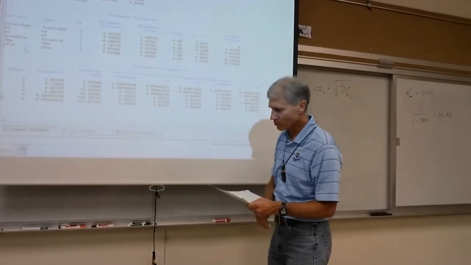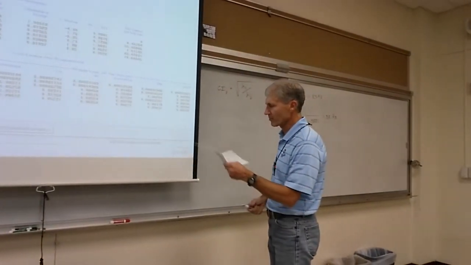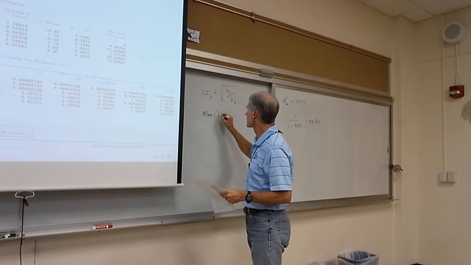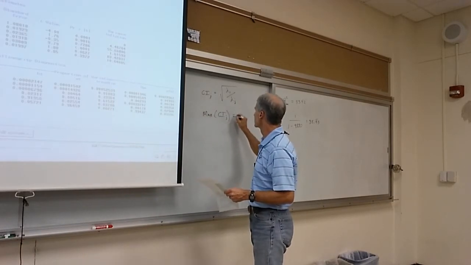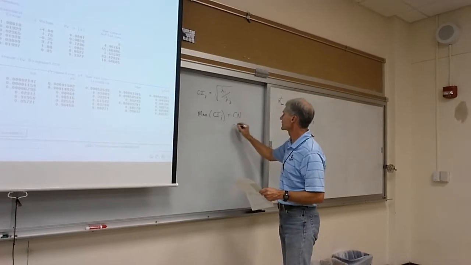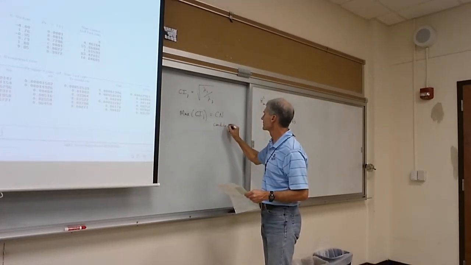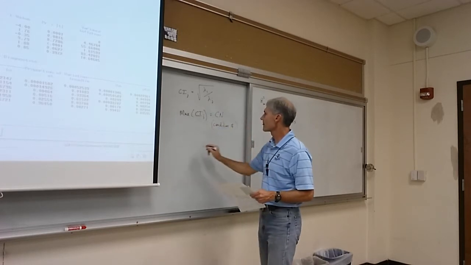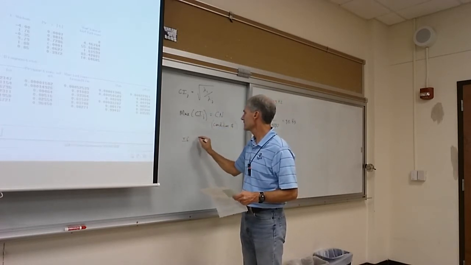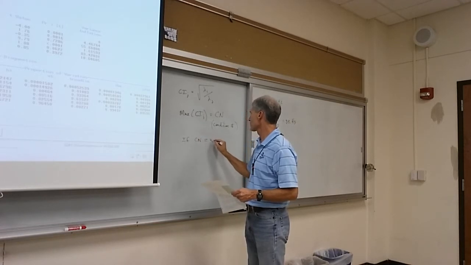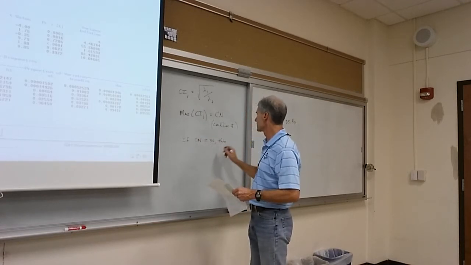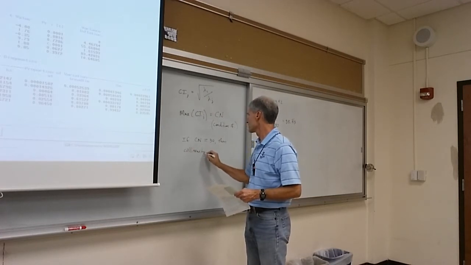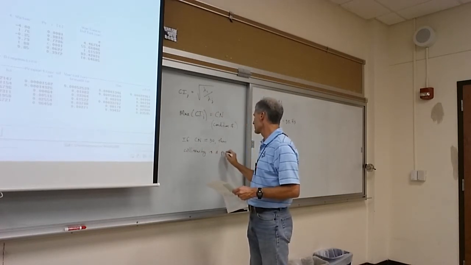So that biggest one they call the condition number. If CN is greater than or equal to 30, then collinearity is a potential problem.